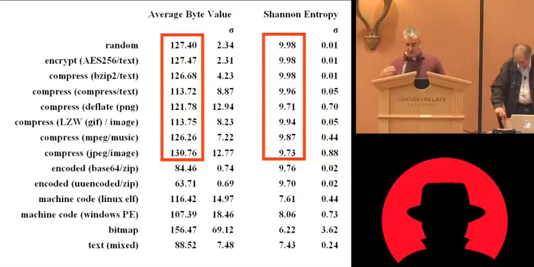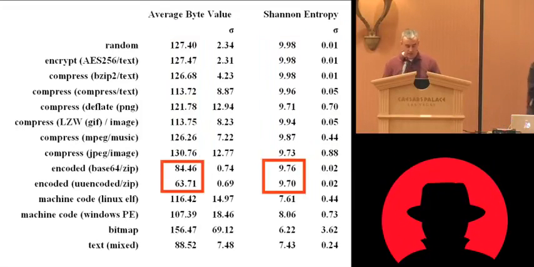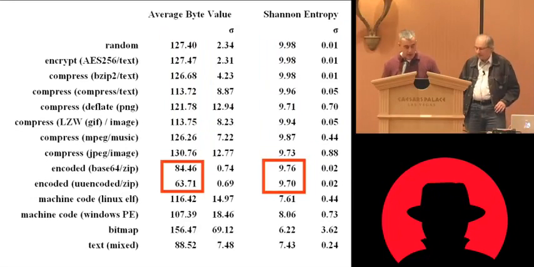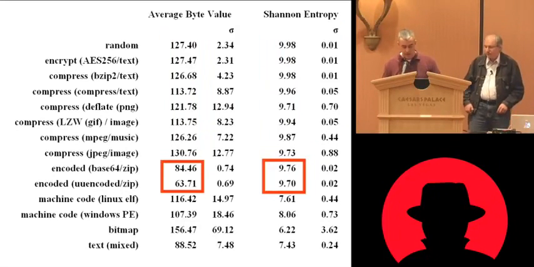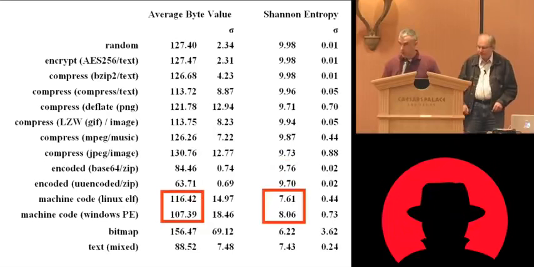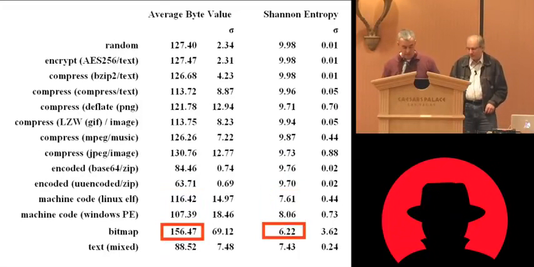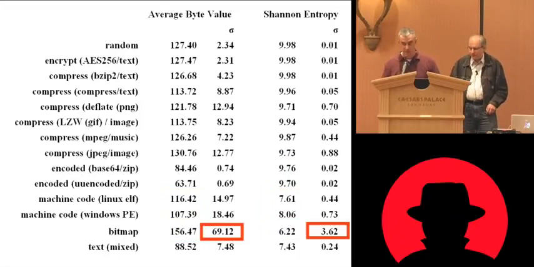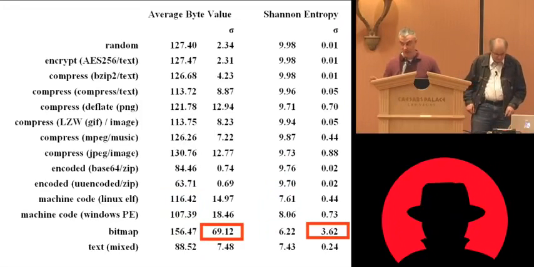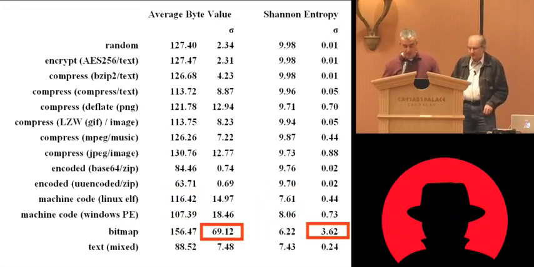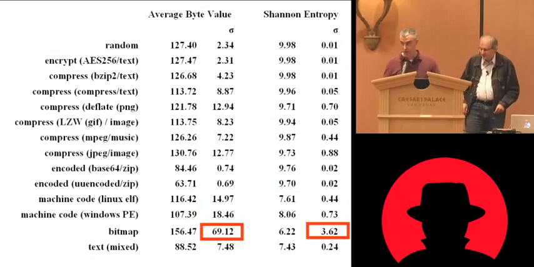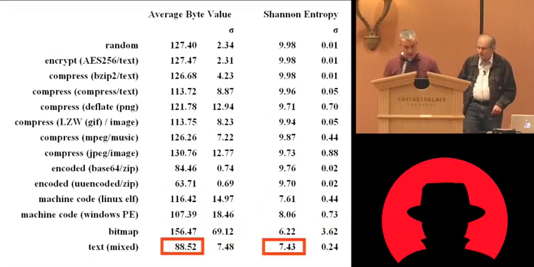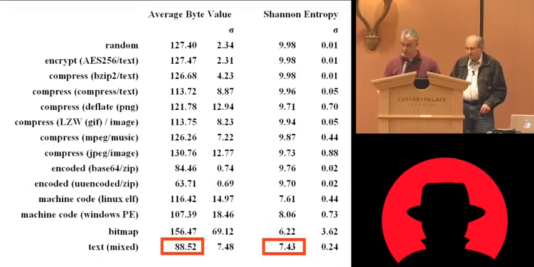You see the high entropy cluster, but there's a statistical difference between the encoded version, still high entropy. We encoded zip files, but the average byte values are significantly different. Machine code, again, significantly different. Bitmaps could be anything, so they're very diverse in our samples, and the standard deviation there is 69, which is huge, which means it's all over the place. And then text, again, a pretty consistent view.